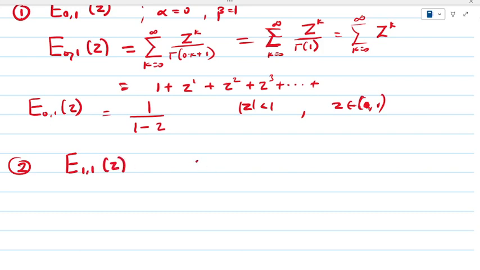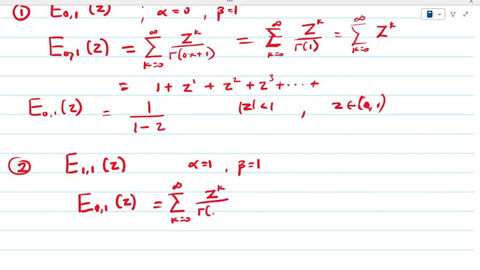So case 2 is the Mittag-Leffler function of 1 comma 1 of z. Here our alpha is equal to 1 and our beta is also equal to 1. Substituting, we have E 1 comma 1 of z equals the summation k equals 0 to infinity of z to the power k over gamma of 1 times k, which is k, plus 1.